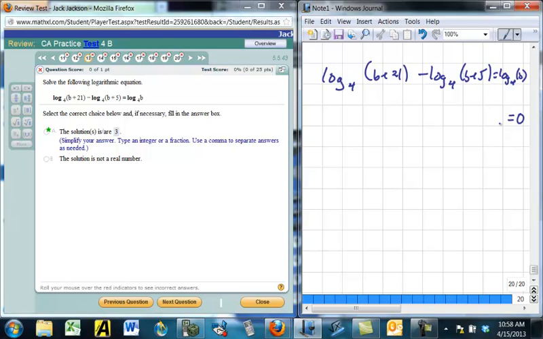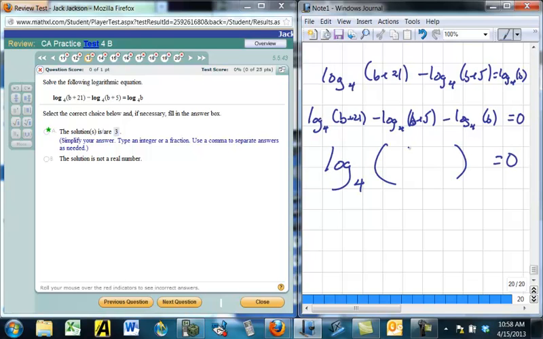I'm going to get a 0 on one side to get all the logs on the same side. Log base 4 of b plus 21 minus log base 4 of b plus 5 minus log base 4 of b. Now all of them have coefficient 1 or negative 1, so we can write that as one logarithm.